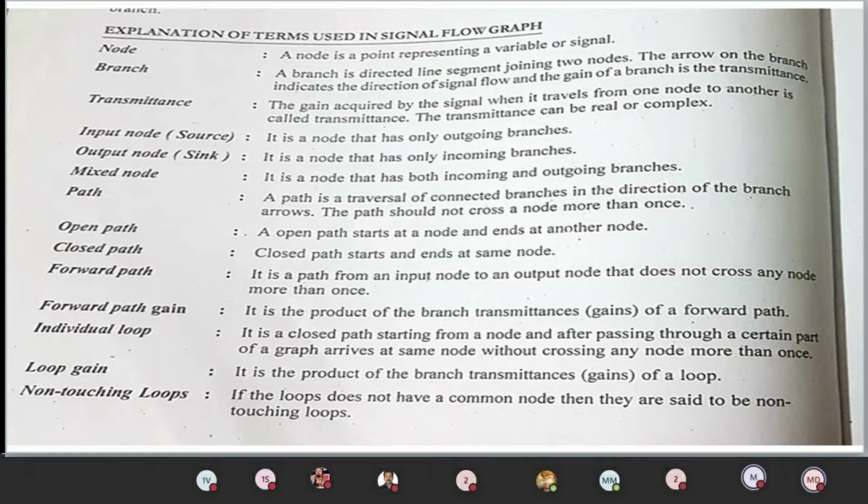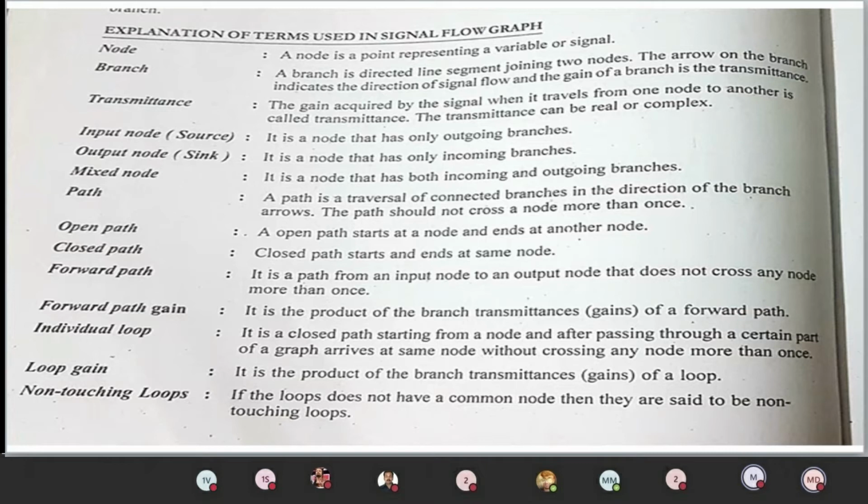Forward path is a path from the input node that ends at the output node, and it does not touch any other node more than once. So it will touch, but only once. Forward path gain is the product of the gains of the entire forward path.